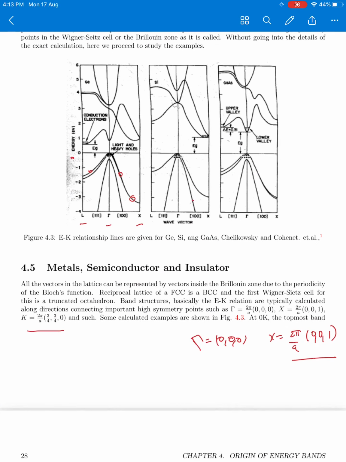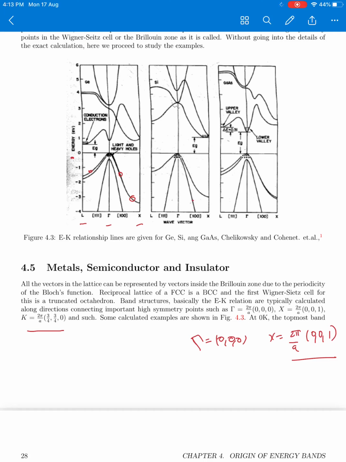However, there is nothing to say that the last band is completely occupied or partially occupied, right? And that is important because if the last band is completely occupied, we call them insulators, and if the last band is partially occupied, then we call them metals.